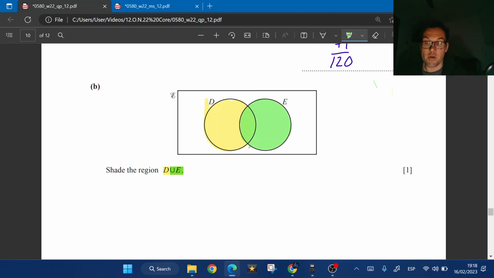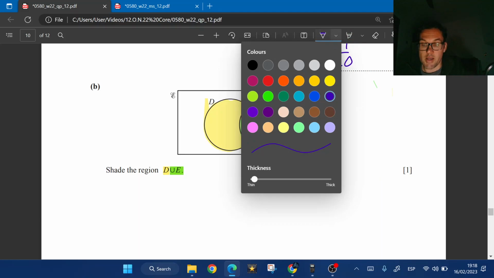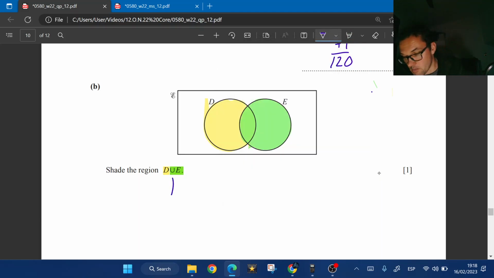Once we've done that, we need to think, alright, is this where we're going to leave it? We look at that in the middle, the union. Union means we combine everything. It means what we're looking for can be a D, can be an E, or can be in both. So that means we leave it the way it was.